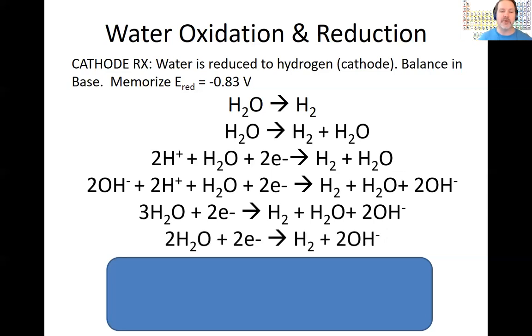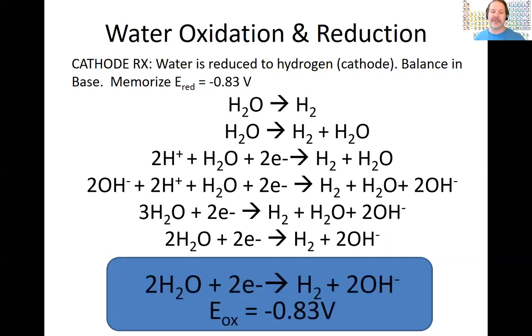And so I'm going to end up with 2 waters plus 2 electrons. Gaining electrons, that's reduction. Give me a hydrogen molecule and 2 hydroxides. There's the hydroxides that are produced at the cathode, and that is the cathode reaction. And remember, that's not oxidation, that is a reduction of negative 0.83 volts. Typo.